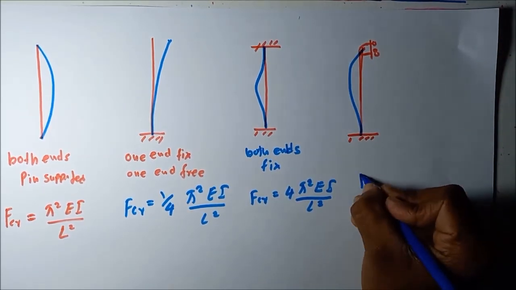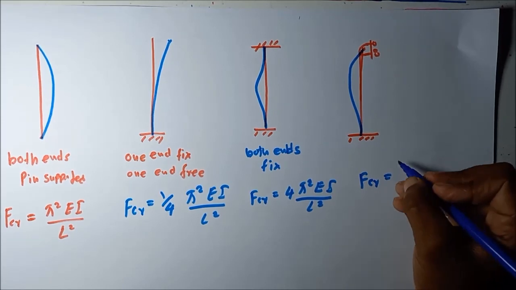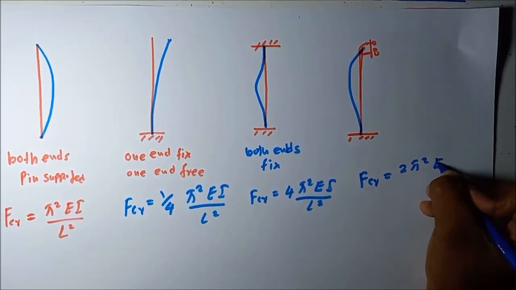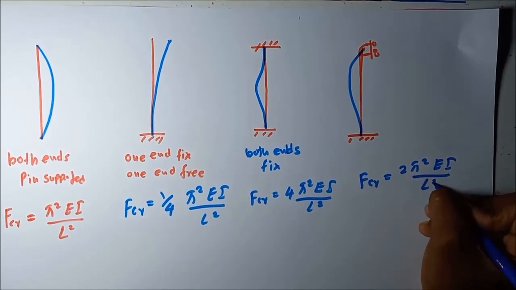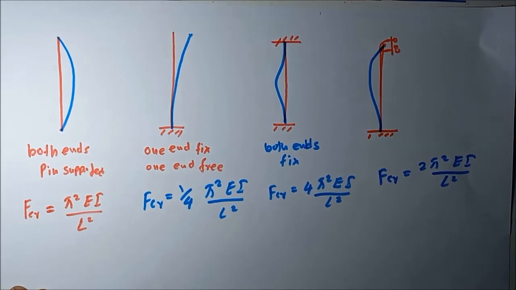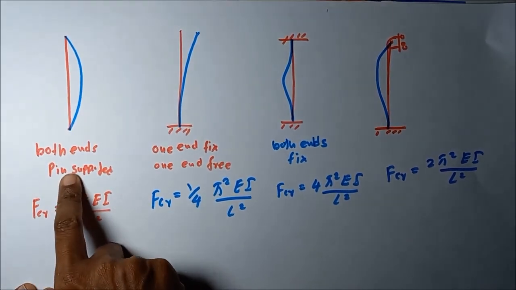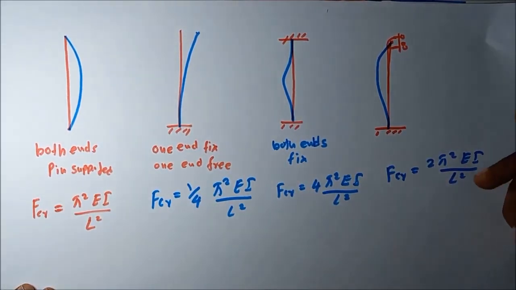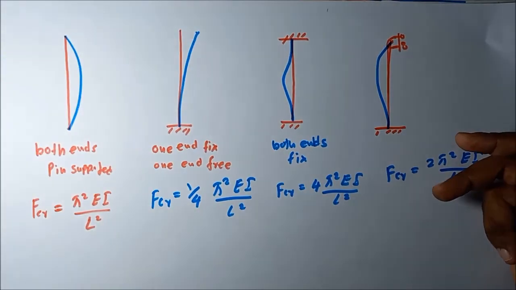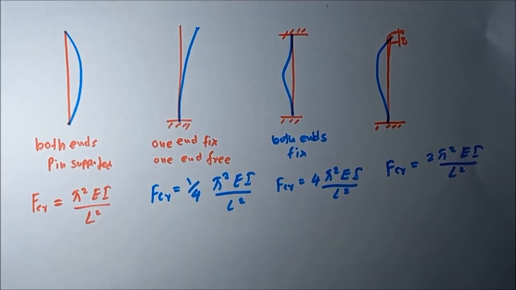The critical buckling load is equal to pi square EI divided by L square. You can see when the support condition changes, the buckling load also varies. We derived this equation for this situation. The other situations we are not going to derive in this lesson.